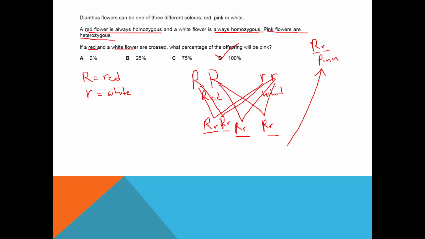For example, there might be a question on sickle cell anemia, or on blood group related alleles, or on color blindness, which affects only one of the alleles. It's usually called a sex-linked disease. Those questions require a little bit more thinking than this.